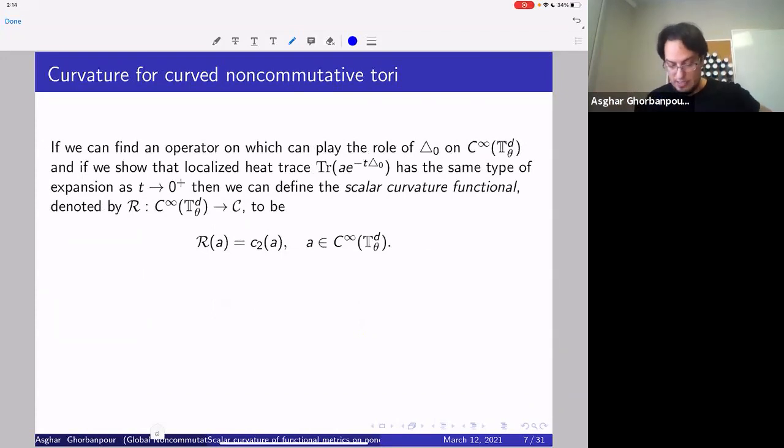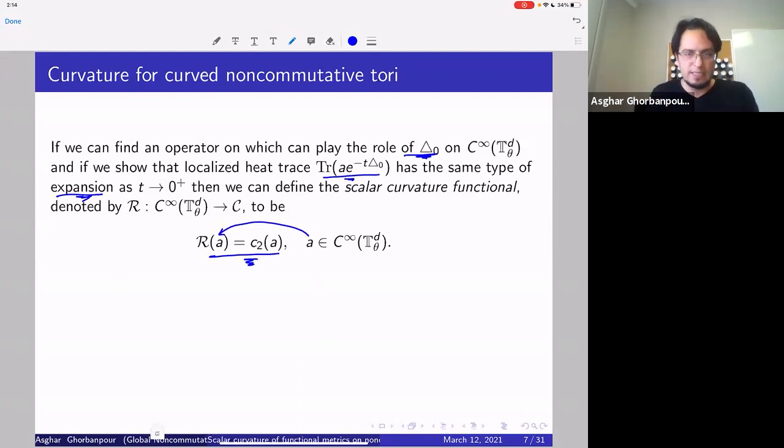For this new class of spaces, if we can make sense of a Laplacian in some way, choosing some good operators, and we can find the localized heat trace of e to the power negative t Laplacian, and if it has an expansion as t goes to 0, then the second term, if we pick it, for any element of the non-commutative torus you put in, gives me a number.